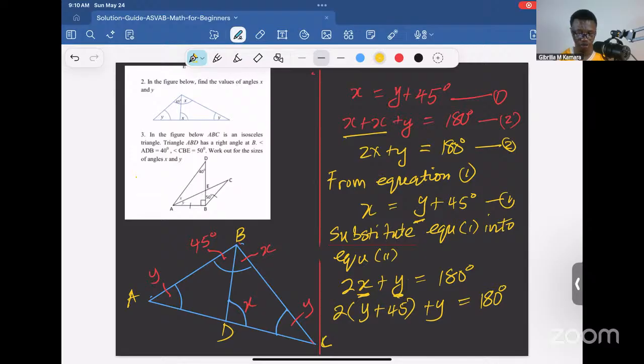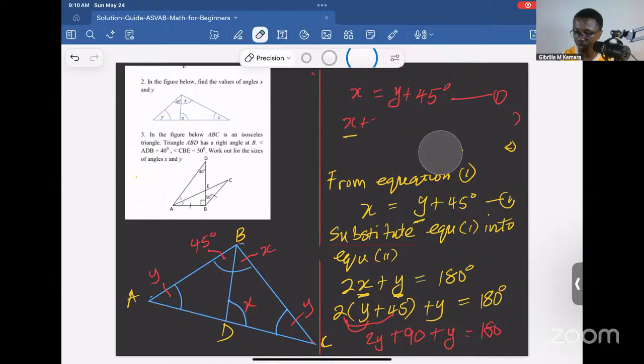Okay. So we distribute this, that gives you 2y plus, then this to this gives you 90 plus another y equals 180 degrees, right?